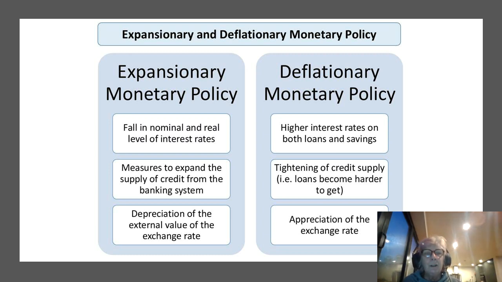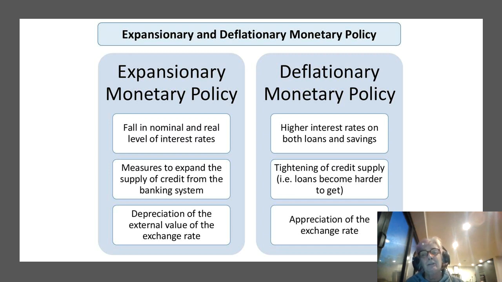So in a period where the economy is very slow, governments will often use expansionary monetary policy just to get the economy going again, to get consumers spending money, to get businesses spending money. On the other hand, if we're at that peak of the economic cycle, where there's lots of demand in the economy, and as a result we've got high inflation, then governments might use deflationary monetary policy.